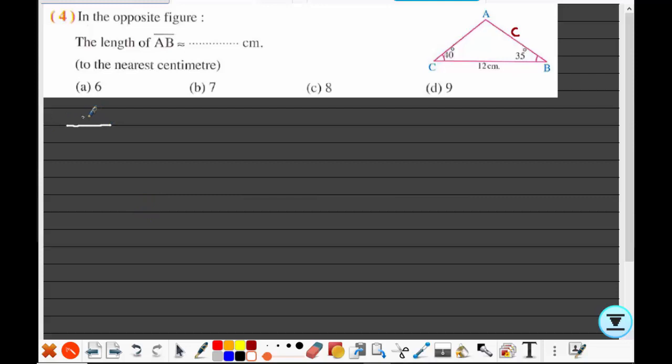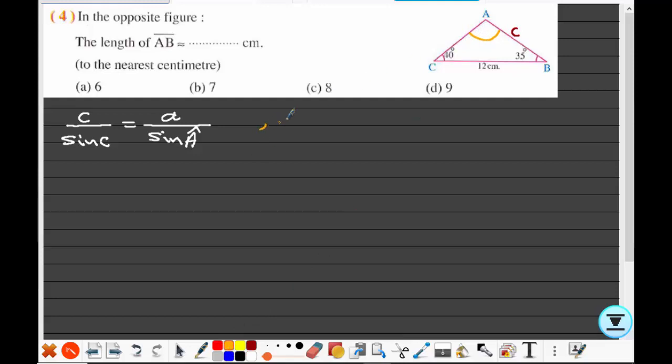Applying the sine rule, we get c over sine C equals a over sine A. Of course, angle A.